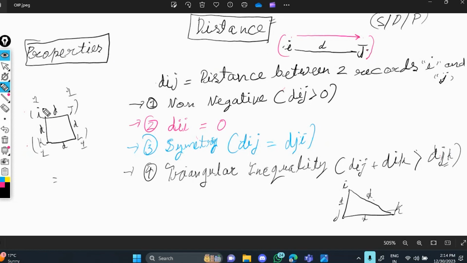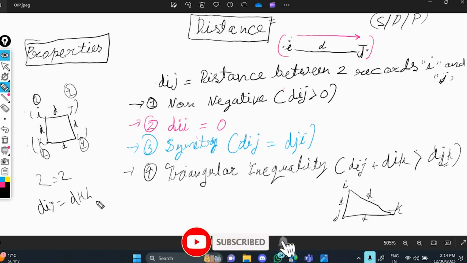The distance value is 1 for each record. So if we add them, 2 and 2, these are the same. So we can say Dij equals DKL, right?